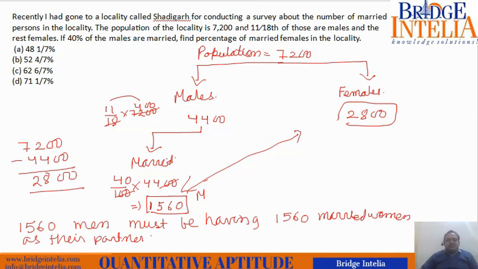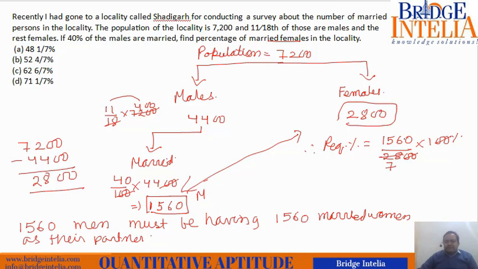So the question is, find the percentage of married females. So the required percentage, that means the percentage of married females. So number of married females is 1,760, total number of females 2,800. So 1,760 is what percentage of this much? If you solve this, both come out to be multiples of 4.